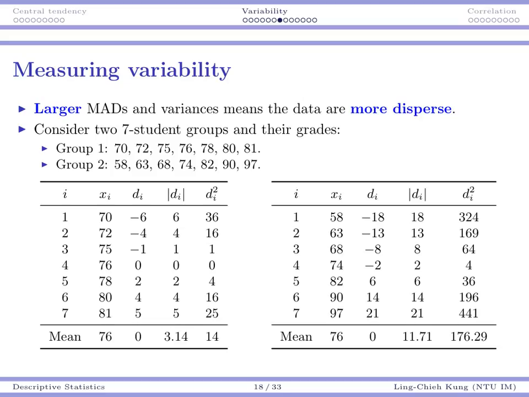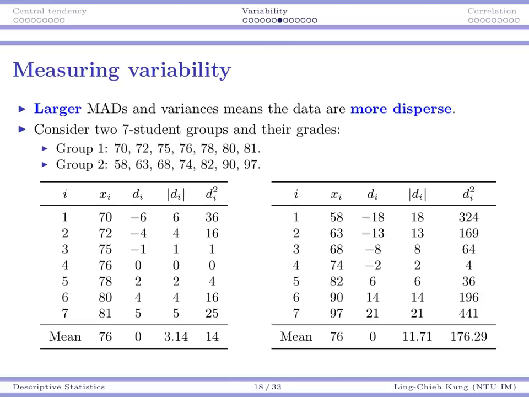And then if we try to calculate deviations, it is here. MAD can be calculated in the fourth column, and the variance is in the last column. We can see that for the second group, the MAD is larger, and the variance is also larger, right?